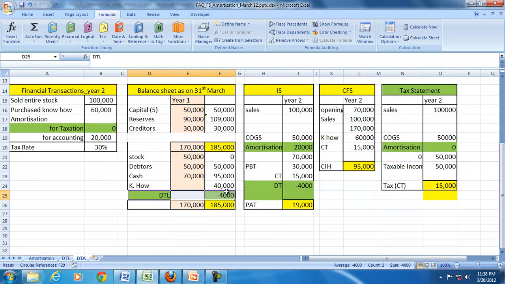So deferred tax asset 4,000, and the deferred tax asset is 4,000.